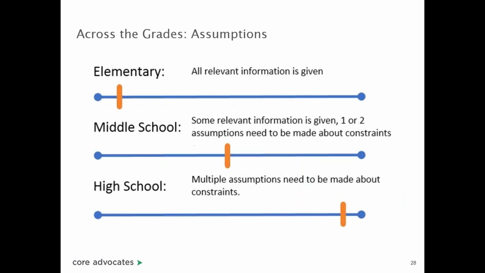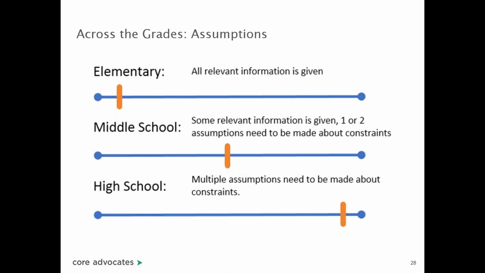Another important differentiator that grows from elementary through high school is that assumptions are being made. So in elementary, again, all relevant information is given. Students don't have to make many assumptions about the values or the things that they need.